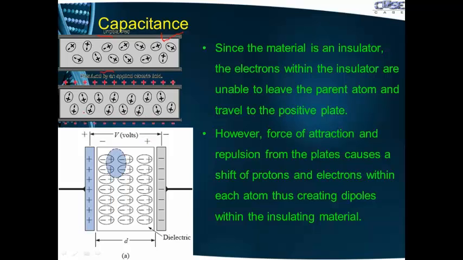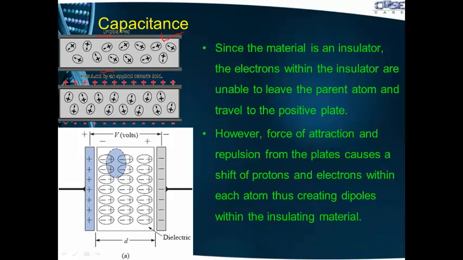This would move clockwise and stay upward, so that the negative charge is attracted with the positive charge of the upper plate, and the protons are attracted towards the negative plate.